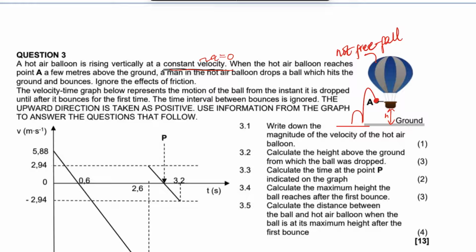So that velocity will be positive after the bounce. This is a bounce. And it moved up with a velocity of what? 2.94.